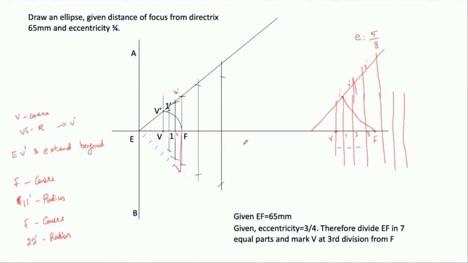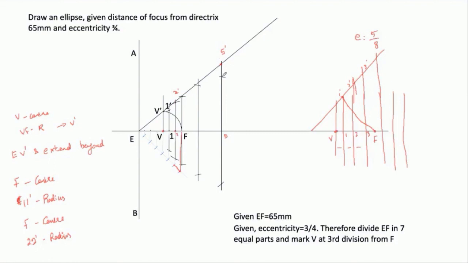Your arc should be on both the sides, that is above your major axis and below your major axis. So in all the cases, F should be the center. For example, if I'm going to take this as 5, and this is your 5 dash, then 5 dash as radius, F as center, cut an arc on this line exactly on the 5 and 5 dash line.